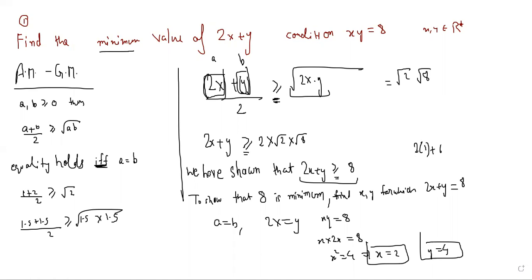When you want equality to hold, we go back to the source and ask when equality holds, and we just discussed that that's when A equal to B. So 2x is the A, not x, and y is the B, because that's how we have applied AM-GM. We have not broken it up as x plus y; that would leave 3 variables. Here 2x is one variable and y is the other.